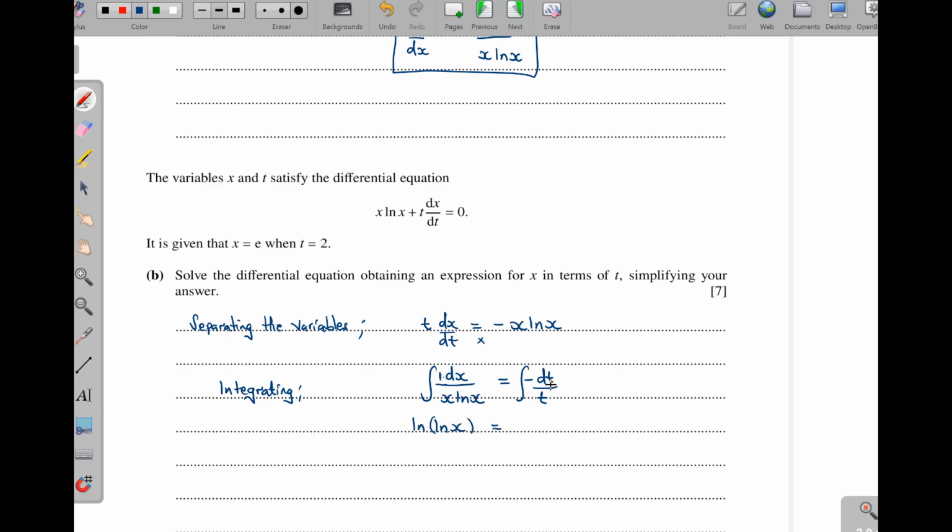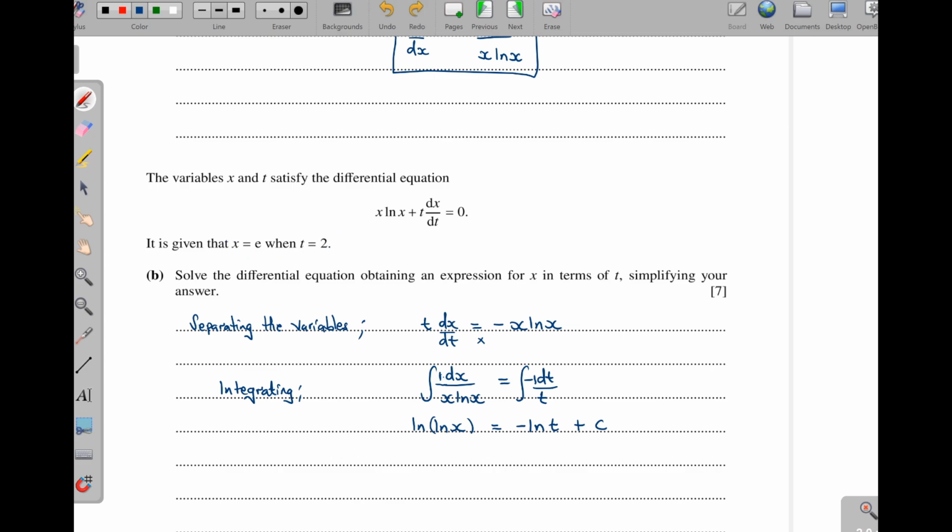Then this one will be equal to, when we differentiate t, we get a 1 which is up here. Okay, but this one here, there is a negative 1. So if I pull out the negative here, then that means we shall get negative natural log of t, and then this one plus c. I can put the constant on the one side, and then from there we use these values here.